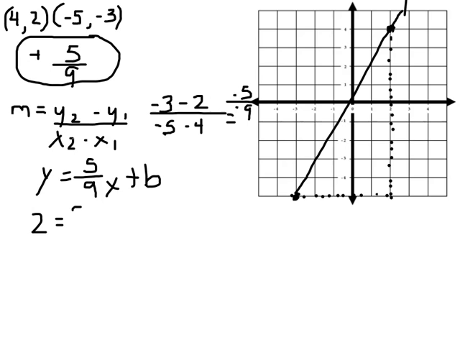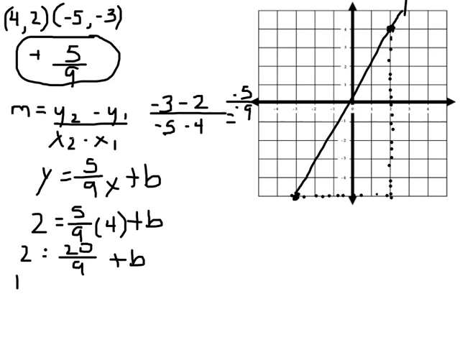2 equals 5/9 times 4 plus b. All right, so we do the math here and we get 2 equals 20/9 plus b. And then I'm going to change this 2 into 18/9 so I can have a common denominator. And I'm going to subtract 20/9: 18/9 minus 20/9 equals 20/9 minus 20/9 plus b.